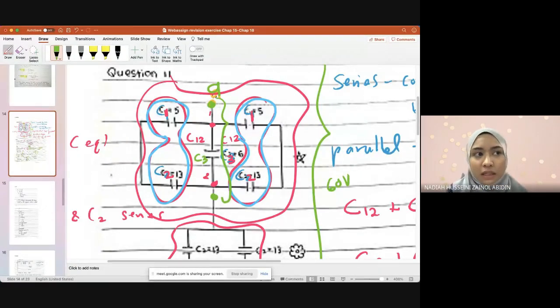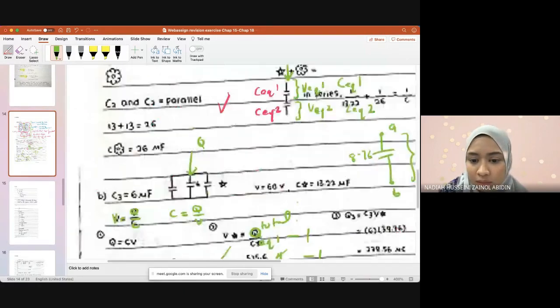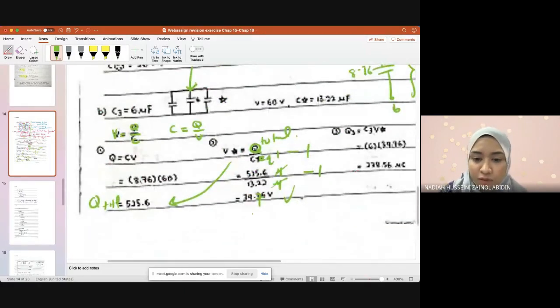Remember, everything that is in parallel will have the same voltage. If this one is 10 volt, this one will be 10 volt. This one will be 10 volt. Here to here will be 10 volt. So the answer is already giving us the voltage for C3. So this is the voltage for C3, and now it's asking to find the charge stored at C3.